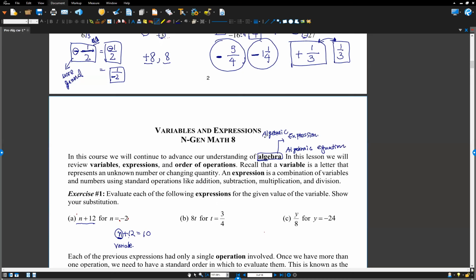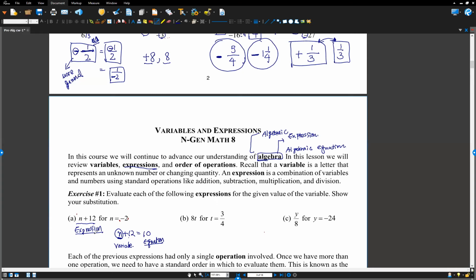Okay, so we have two different ones over here. One is the expression, the other one is equations. This is an expression. There's no equal sign there, right? Just an expression. But this is now an equation. The exact name is algebraic equation. This is an algebraic expression. Is it okay?